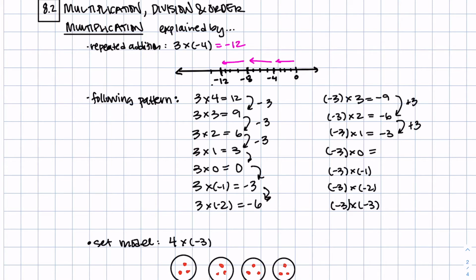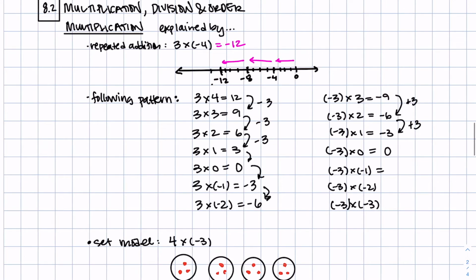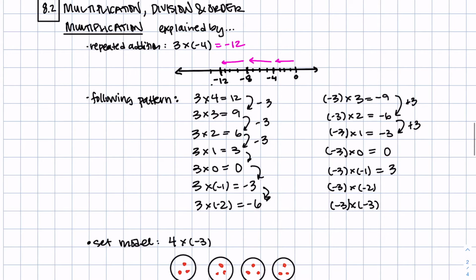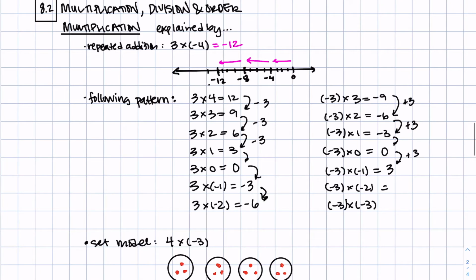So when I multiply by 0, I should get 0. When I multiply by -1, I should get 3. When I multiply by -2, I should get 6. And when I multiply by -3, I should get 9, and this should continue forever.